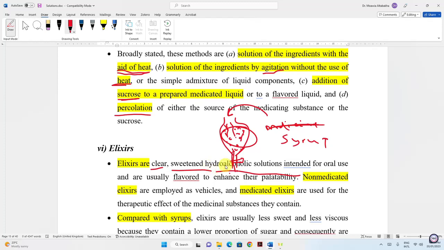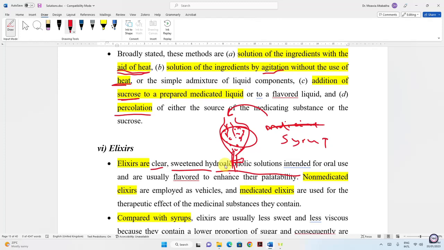But in the case of syrups, most of the time it's aqueous. We don't add alcohol. Most of the time we don't add alcohol in syrups, although in a few cases you might see a small percentage of alcohol in some products, in few products actually.